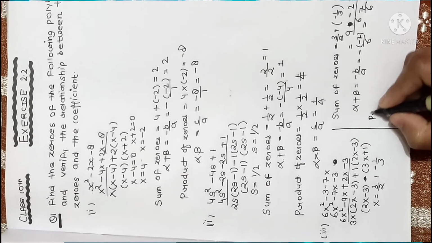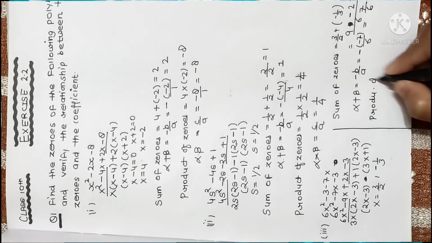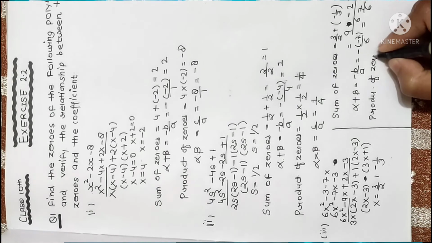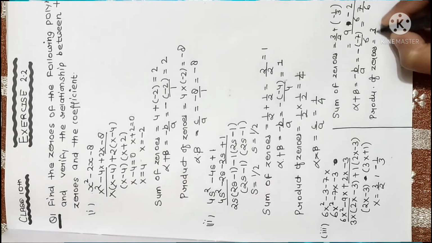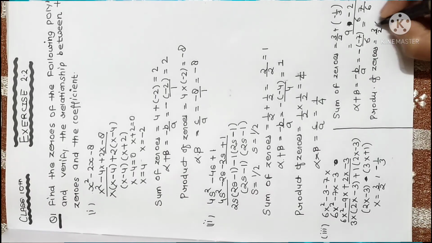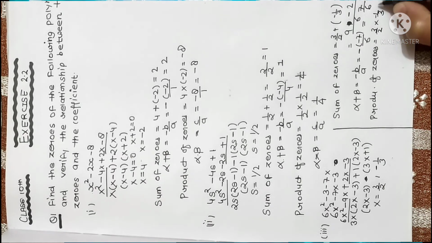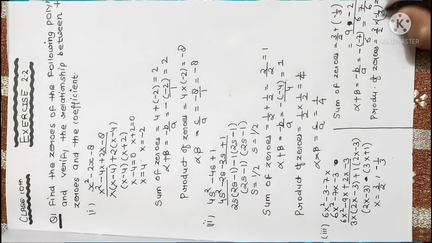Next we have the product of zeros. Product of zeros: 3 upon 2 multiplied by minus 1 upon 3. You can write it like this: 3 1s are 3 and 3 2s are 6.